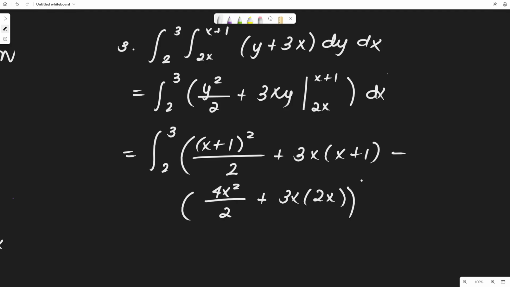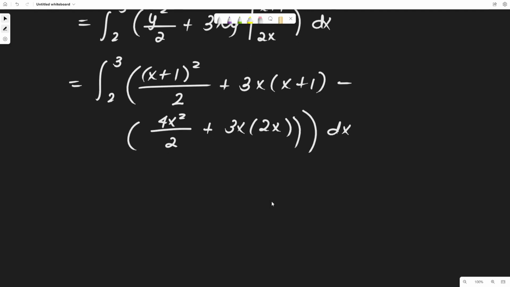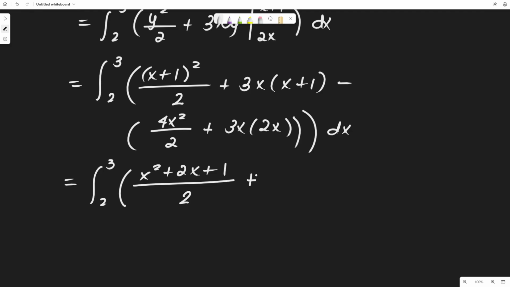Ayan. Dx. Ayan, medyo maraming grouping, no? Ayan. So, simplify lang natin. So, we have from 2 to 3. Okay, so this will become x squared plus 2x plus 1 all over 2 plus 3x squared plus 3x.